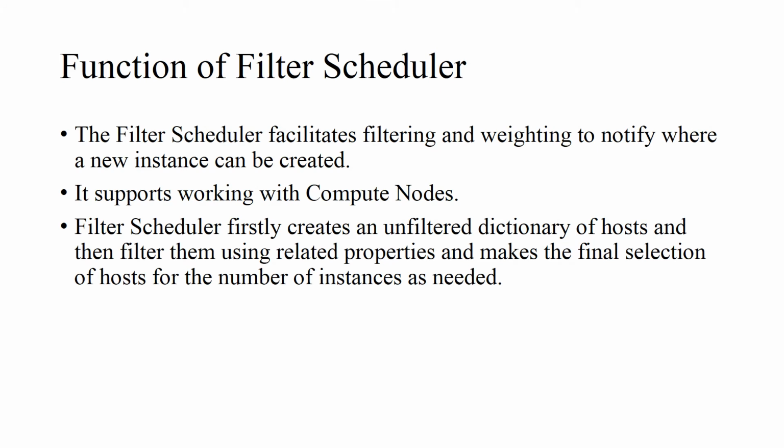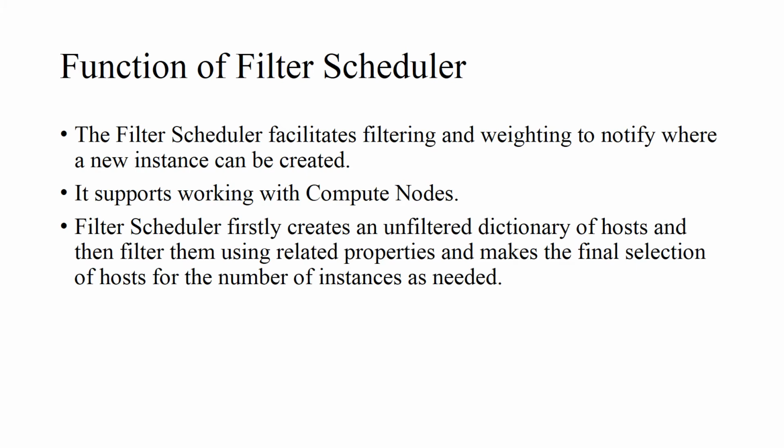What is the function of the filter scheduler? The filter scheduler facilitates filtering and weighting to decide where a new instance can be created. This weight is important in terms of the priority.